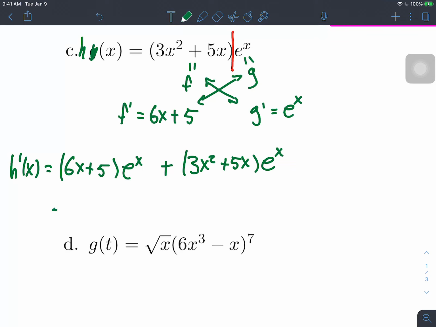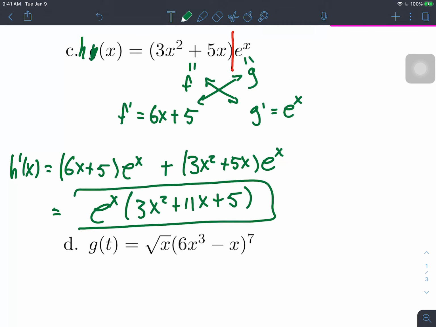We would get this is equal to e to the x times, what we would do is we would just take what's in these parentheses here and add them. So we would get 3x squared plus 11x plus 5. That might be our answer.